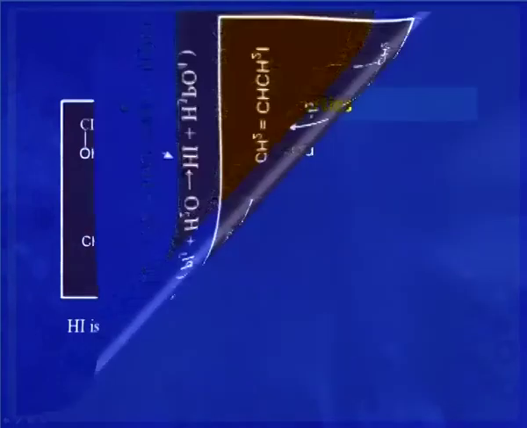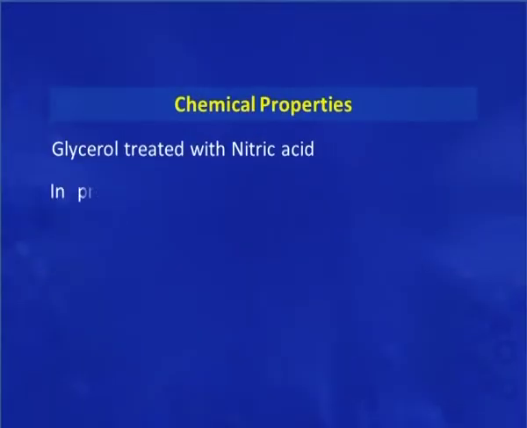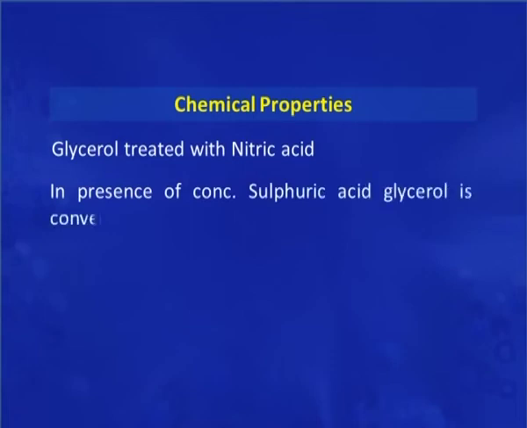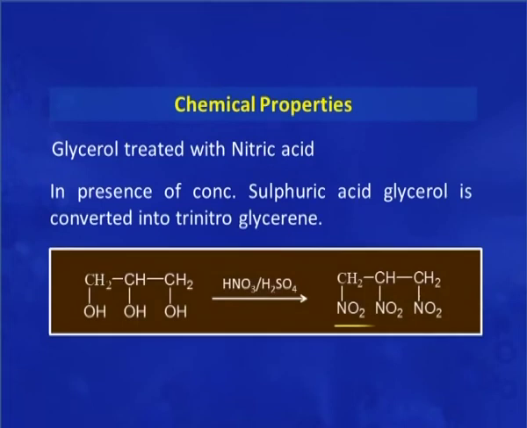With nitric acid in presence of concentrated sulfuric acid, glycerol is converted into trinitroglycerine, and this trinitroglycerine, when absorbed over a type of clay called Kieselguhr, the combination is called dynamite.